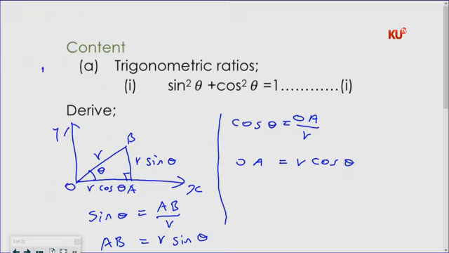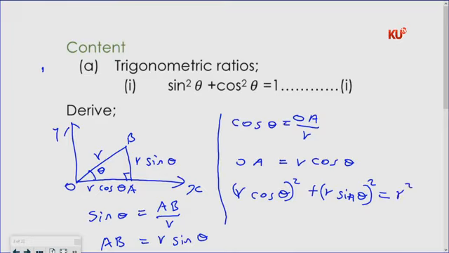Then you remember something you learned in Form 2, Pythagoras theorem. You said this side squared plus AB squared should be equal to OB squared. That means if you have r cos theta squared plus our AB, which is r sine theta, squared, should be equal to r squared.